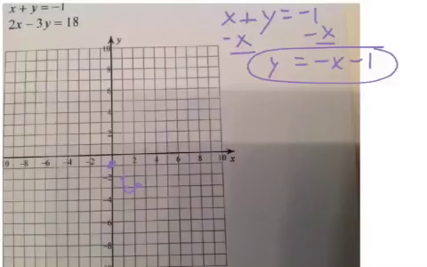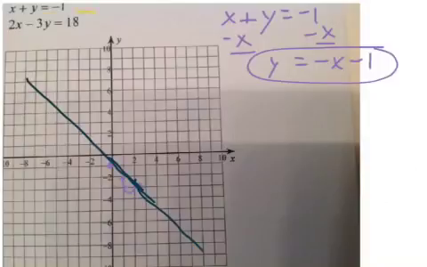And I hope you understand and agree. I'm going to get a line that looks something like this. I better redraw it better over here. Okay, so that has a slope of negative 1 with the intercept of negative 1.